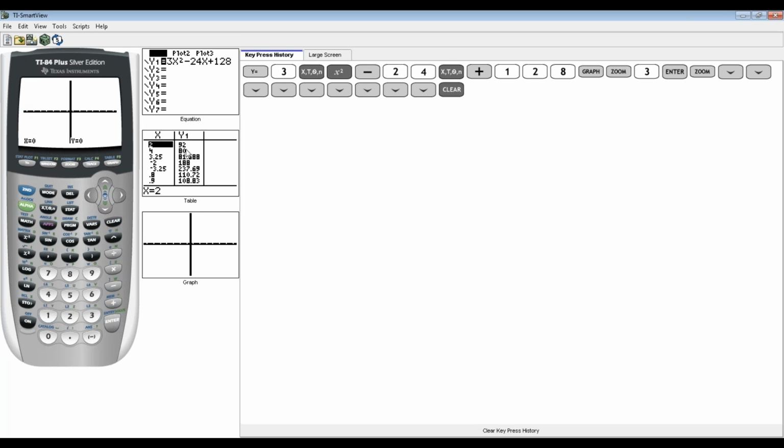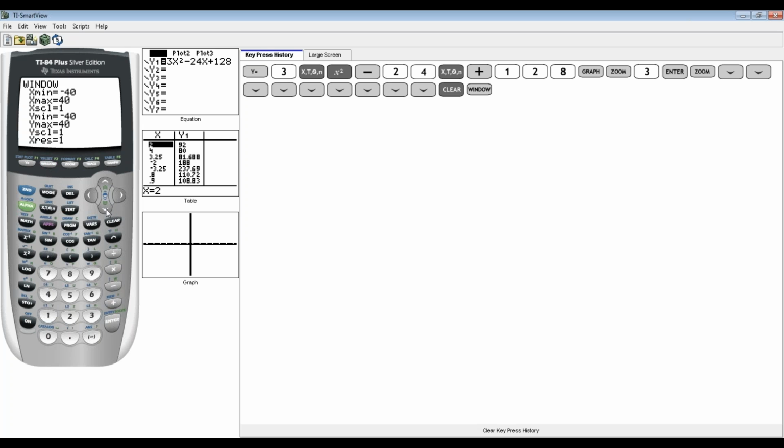All right, so we're trying to figure out what our window should look like. If we pay attention to the table that we have here, your x values are kind of low, but look at how big your y values are. So let's go to our window and adjust our y values.